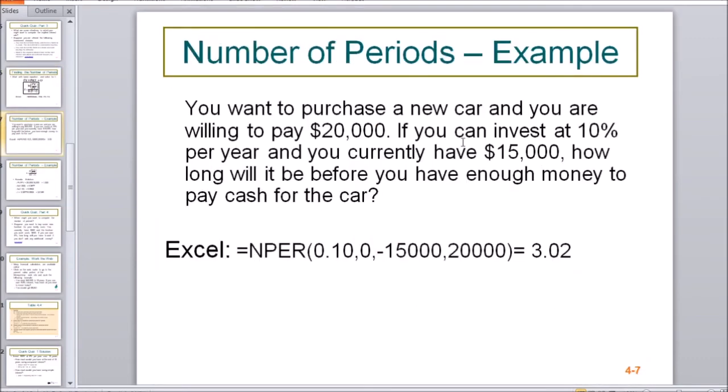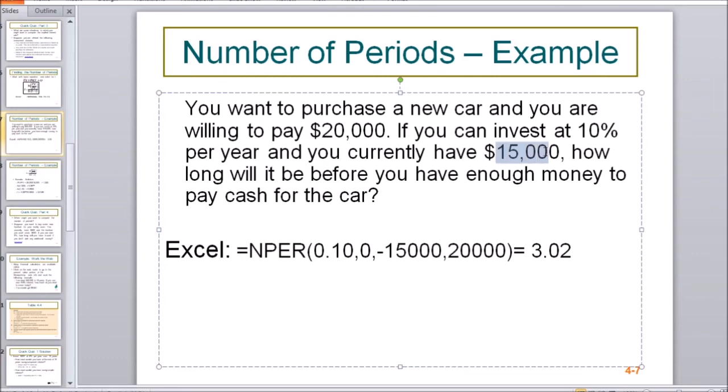So our first example is going to be the investment of 15,000 over here, and that's an investment that you hope will grow into 20,000 after some time, so that you can buy a car later on.